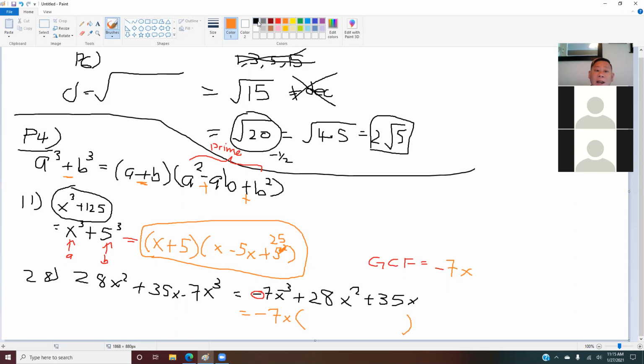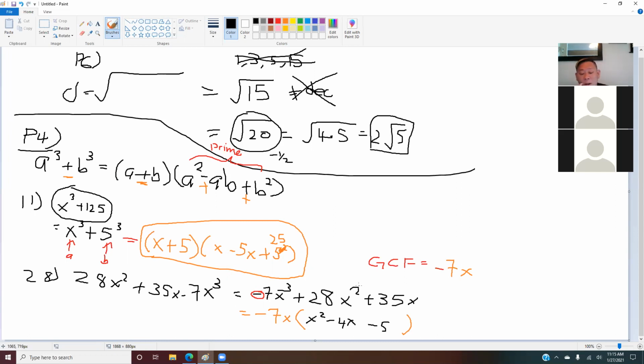So when you factor out negative 7x, this will get x squared. Negative 7 times negative 4 gives you positive 28. X times x will give us x squared. Negative 7 times negative 5 will give me positive 35. And then you got x.